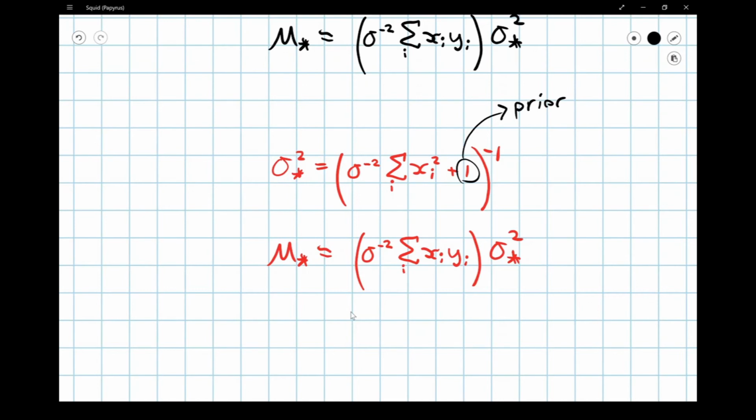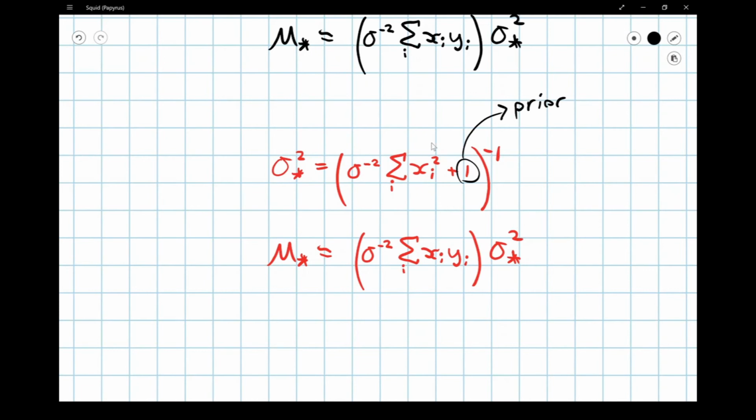Then we can think, what if we had loads of data? The more data we get, let's look at this variance term. This is the variance of the posterior, and the stuff here is to the power minus 1. So the larger this number is, the narrower the posterior is going to be.